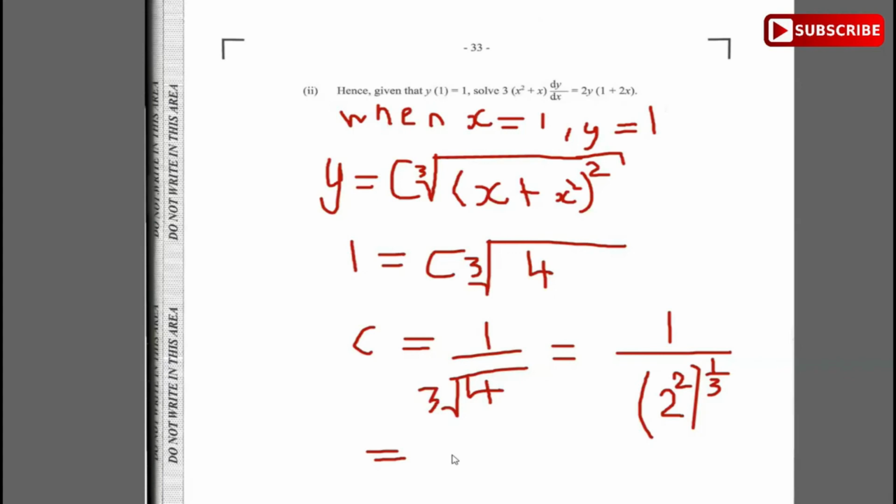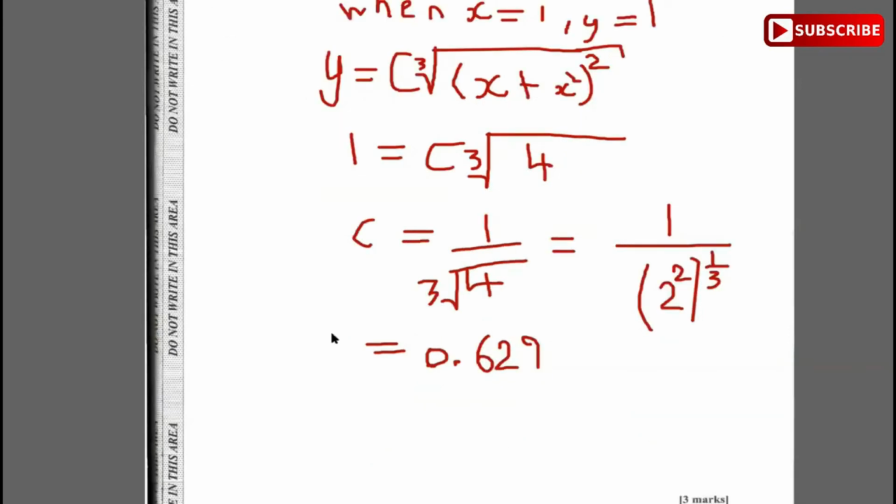I'm getting 0.629. That is c. So since that's what I'm getting for c, I can finally write down my solution of this differential equation.